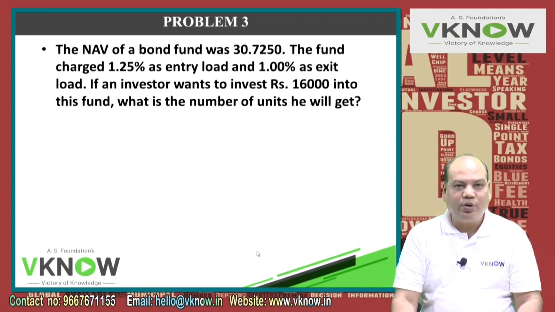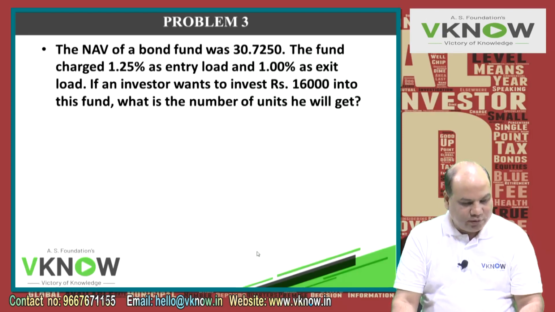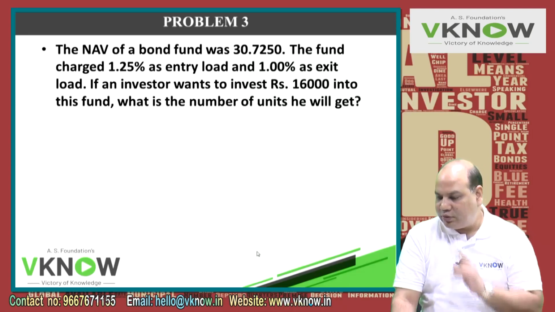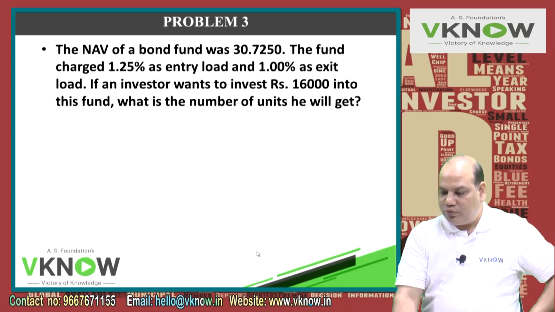Now we'll solve problem number 3. The NAV of the bond fund is 30.7250. The fund charged 1.25% as entry load and 1% as exit load. If the investor wants to invest rupees 16,000 into this fund, what is the number of units he will get?